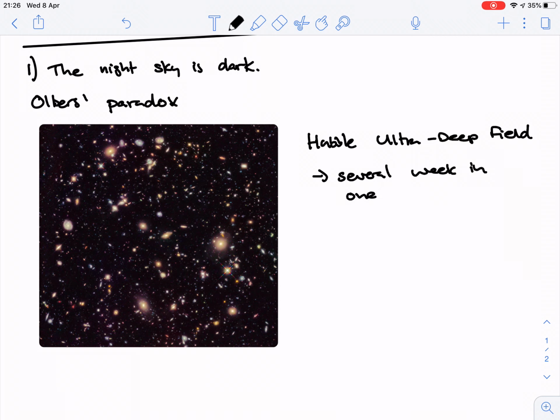And what you see here is mostly galaxies. It's been chosen to be a bit of sky where you don't see a lot of stars. It's mostly galaxies. But what you also notice is that although it's got many thousands of galaxies in it, it is still mostly black. That is, not every single line of sight that you have ends on a star or a galaxy.